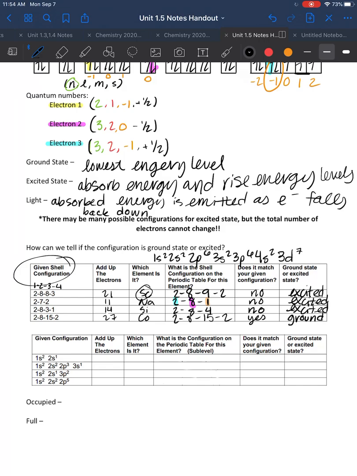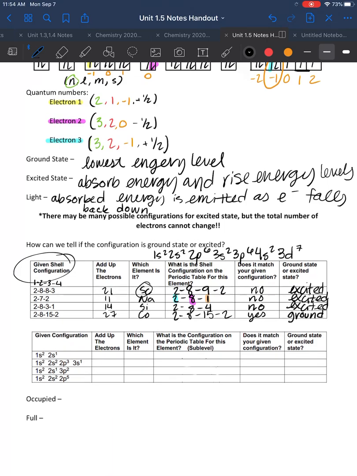Now this is where I left off in lecture. And so I'm hoping that you guys tried to fill this table out on your own. So if you did not, I would like you to do that right now. Okay, so hopefully you tried. We are going to add up the electrons again. So we have 3, we have 8, then we have 5 and 9.